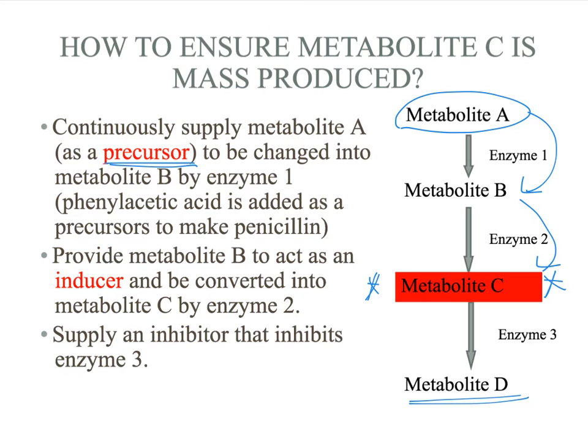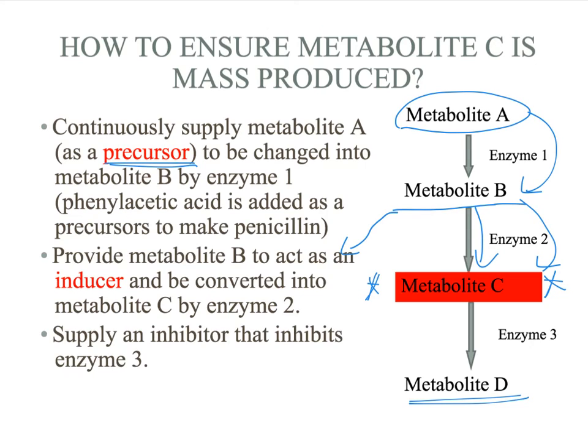An example of that is phenylacetic acid, which is added as a precursor to help in the production of penicillin. Or you could provide lots of metabolite B, and that acts as an inducer. You add that metabolite, and the enzyme will then break that down to the substance here, C.